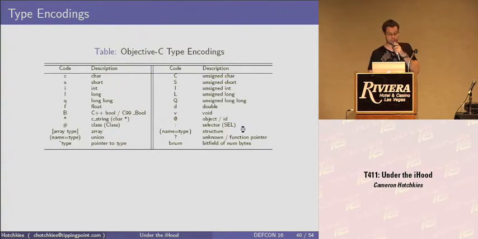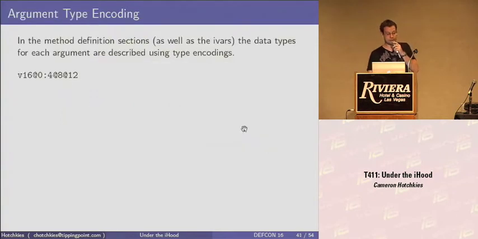I just put it in a nice LaTeX table, so you can save your time if you don't want to look for it. So this is one of the type encodings from one of the previous examples, and the first thing you're going to see is the return, which is a V. Cryptically, it stands for void. The next thing indicated is that there's an ID here, and that means it's going to be an instance method.